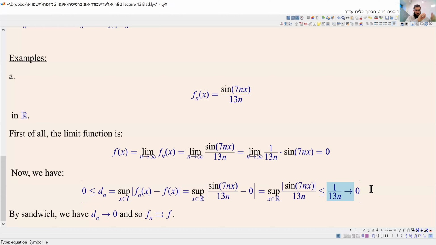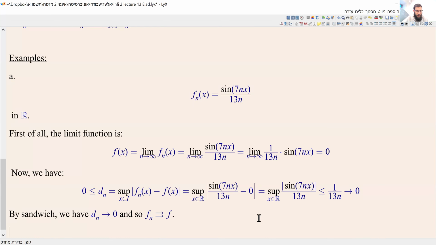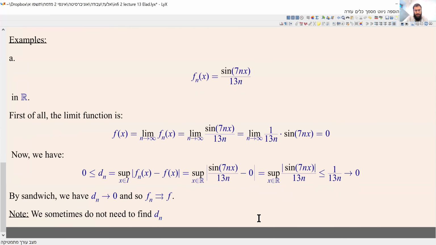Yes or no? So here we start to play this sometimes gentle game. We will see it more clearly, more explicitly, probably in the second example. But let's say note: we sometimes don't need to find dn explicitly.